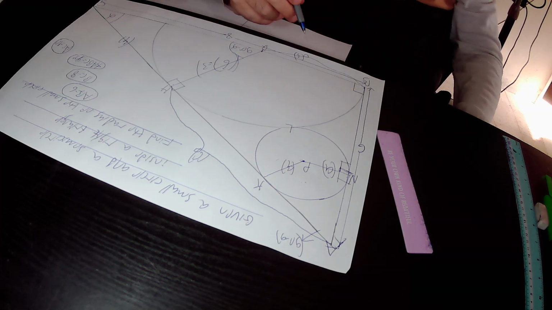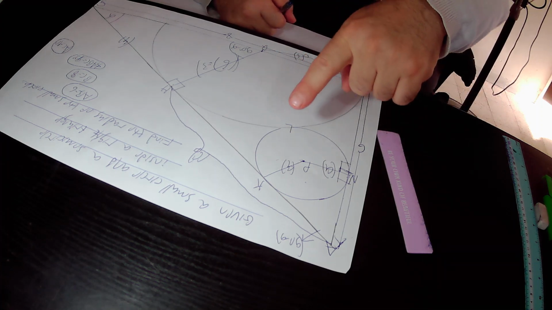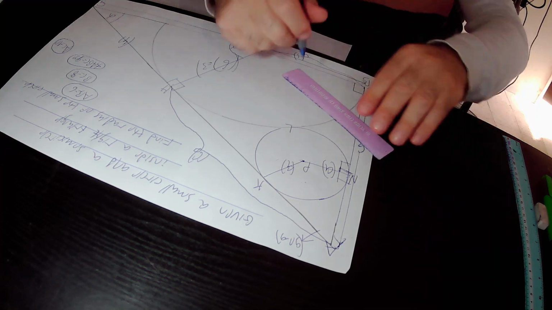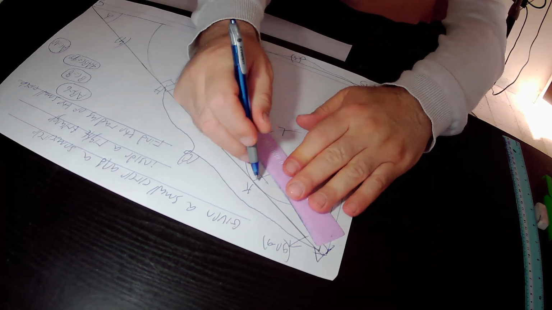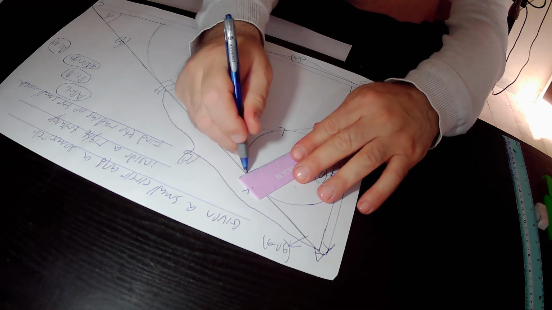And whenever you have a radius perpendicular to the point of tangency, then tangent AC will be perpendicular to the radius KP. If AC is perpendicular to KP, it means that this angle equals 90 degrees, and this angle also equals 90 degrees according to rule 1.